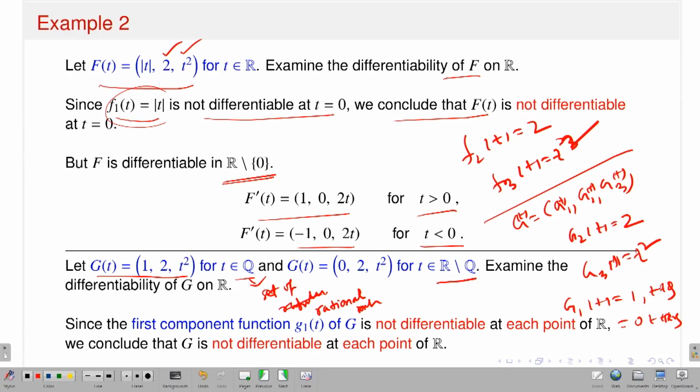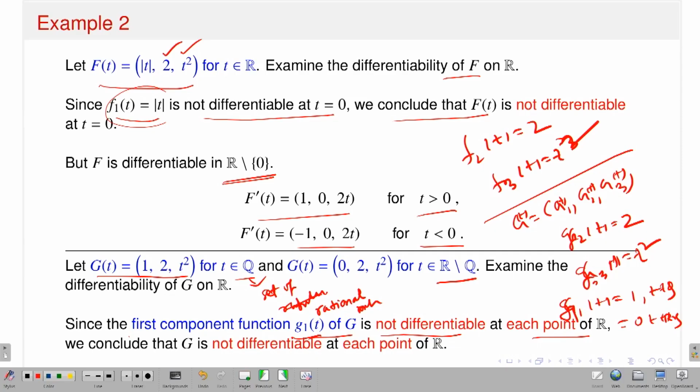But the first component function G1, which takes the value 1 on the set of rationals and 0 on the set of irrationals, is not differentiable at any point. You can prove it using real analysis. That means this kind of function, taking value 1 on rationals and 0 on irrationals, is nowhere differentiable.